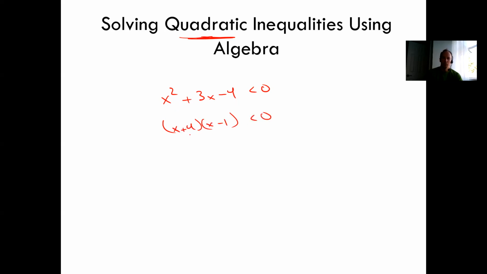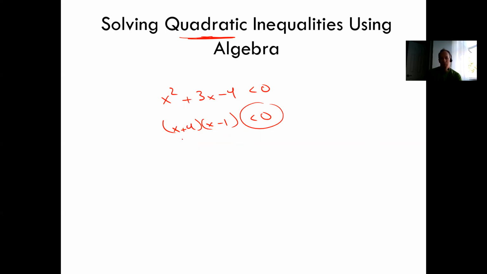But here's the problem. If you just simply say x is equal to negative 4 and x is equal to 1, what does that have to do with less than 0? We're trying to find values of x that make this entire side less than 0. It gets even trickier, because we can easily find values of x that will make it 0, but what values of x would make this less than 0?